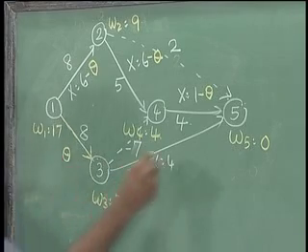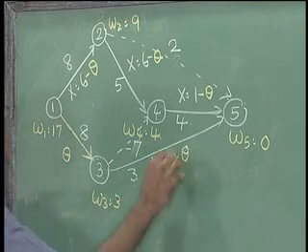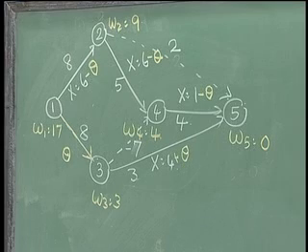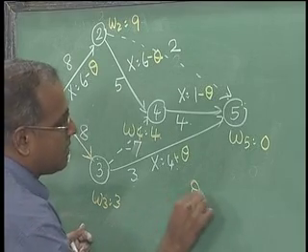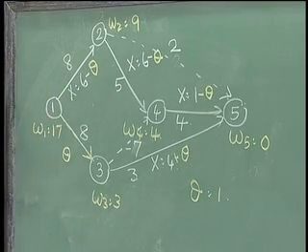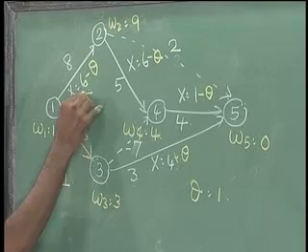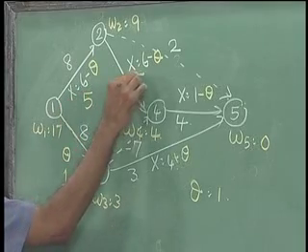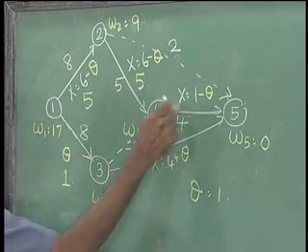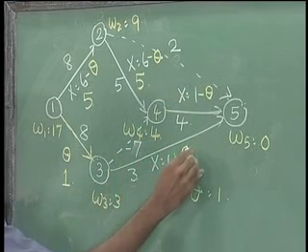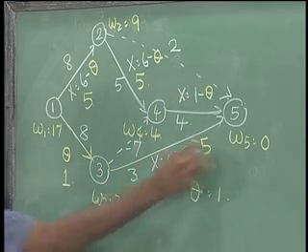So, this will become 4 plus theta and the 5 will be balanced. Now, out of these, the best value that theta can take is theta equal to 1, and when theta equal to 1, we are going to have a flow of 1 here, a flow of 5 here, a flow of 5 here, no flow here, and a flow equal to 5 here.